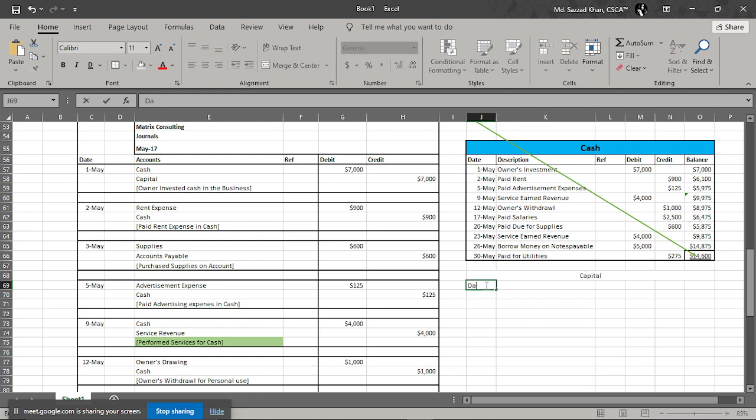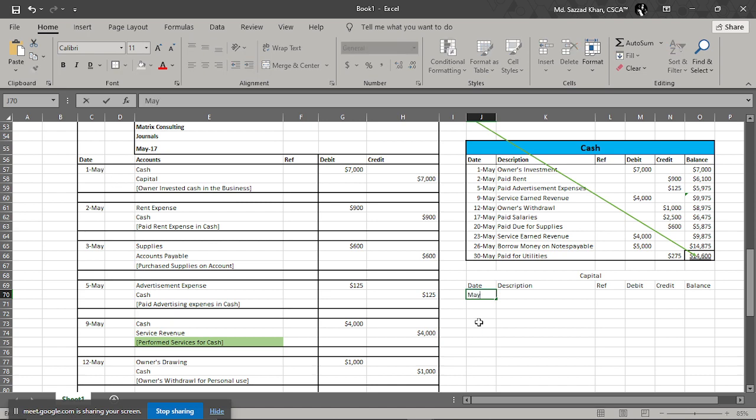We write date, reference, debit, credit, balance. Nice. Okay.